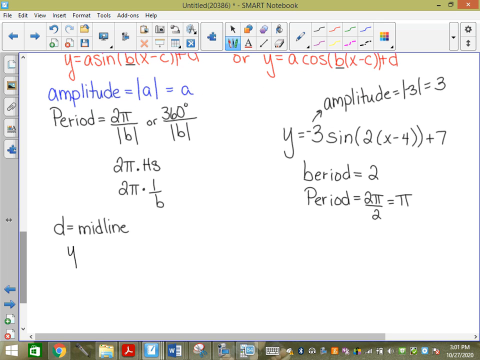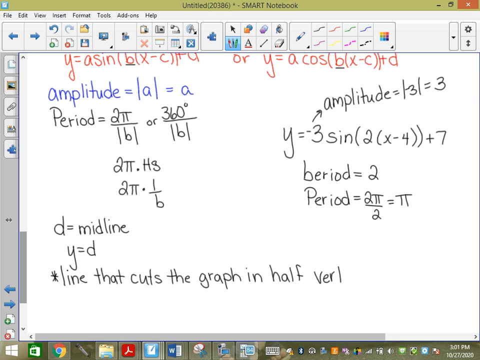So it would be at y equals d, and it's the horizontal line that cuts the graph in half vertically. I'm not really discussing it today, but since you got the paper out, might as well put it there.